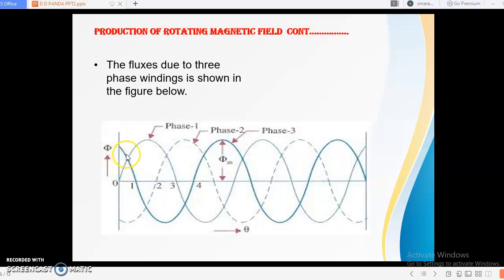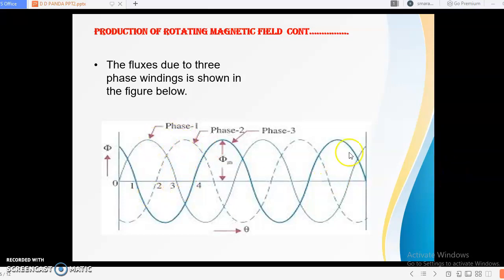And here are the three different fluxes for three different phases. This is the flux for phase 1, this is the flux for phase 2, and this is for phase 3 respectively. Also we can see phi m or the maximum flux here. For all the three different phases, fluxes will be maximum at this point.